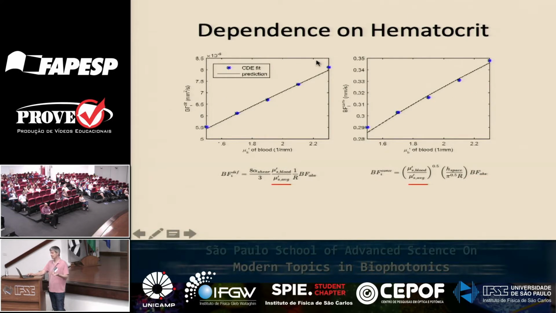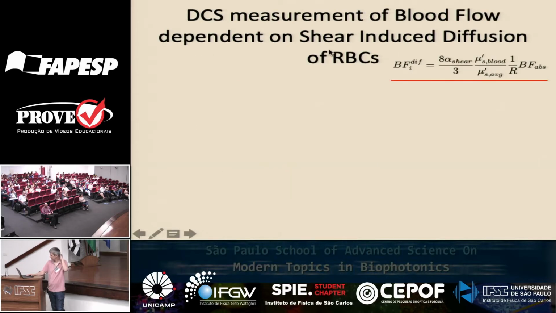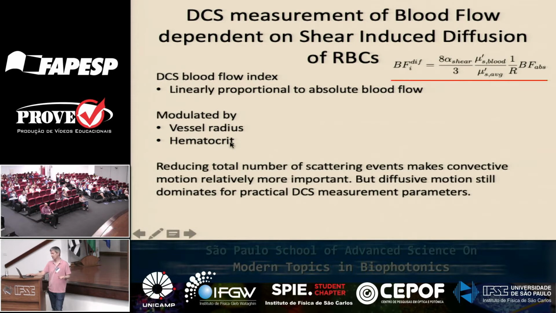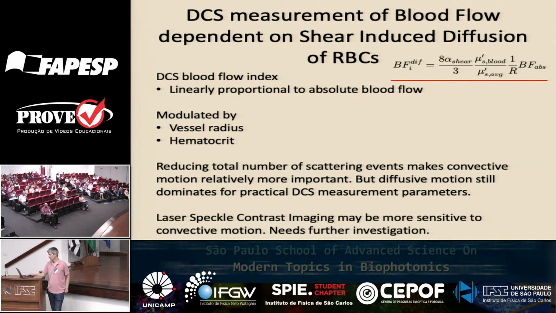So there is a dependence on hematocrit, and it's a nice linear dependence, so it's nice to see that. Okay, so the end of all of this is that diffuse correlation spectroscopy is linearly proportional to absolute blood flow, but it's modulated by the vessel radius and the hematocrit. And we don't actually need multiple scattering within a blood vessel, right?